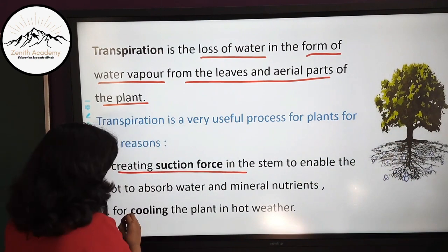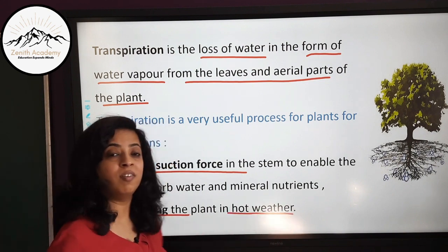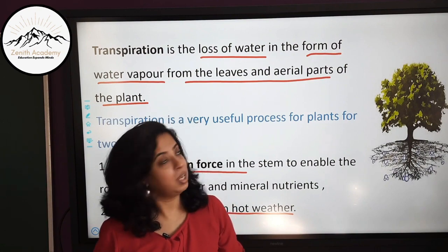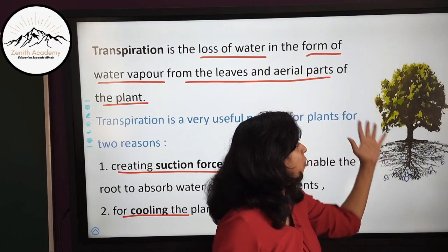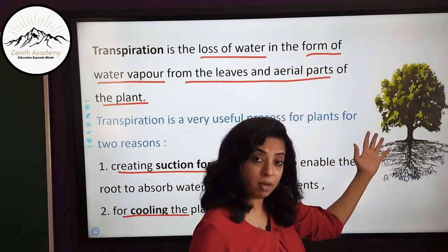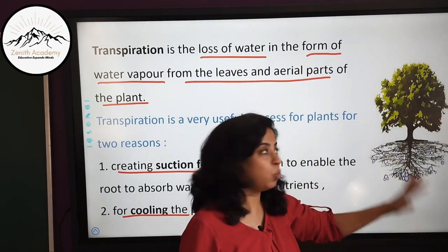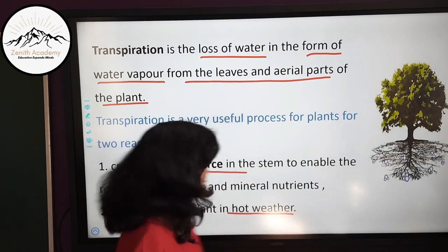The second is for cooling the plant in hot weather. We know that evaporation is accompanied by cooling. In the same way, transpiration, the evaporation of water vapor from the leaves and the aerial parts, also causes cooling. So the plant itself gets cooled and around the plant also the weather becomes cool.